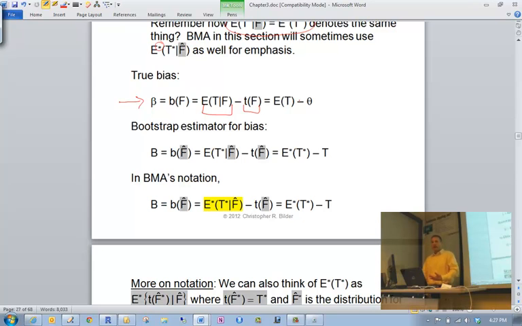We look at how to estimate this bias. So the bootstrap estimate of the bias, which was denoted by B, results from simply putting a hat on top of F. In other words, the expected value of T star given F hat minus T of F hat, or expected value star of T star minus T. That's the bootstrap estimator for the bias.